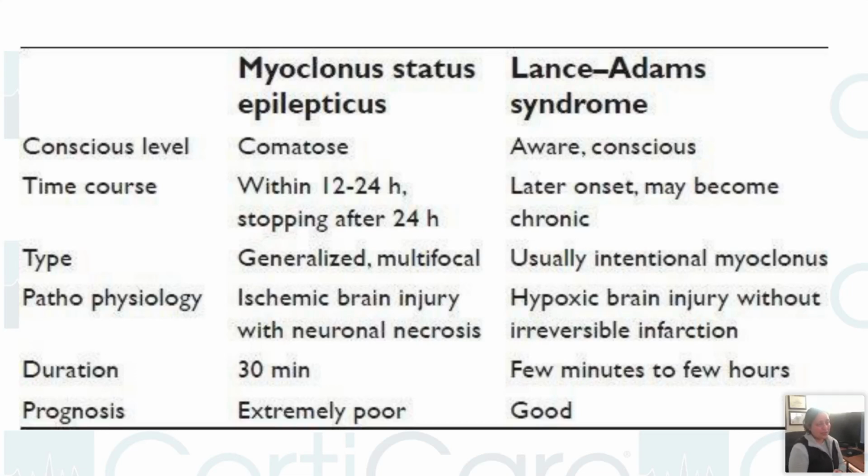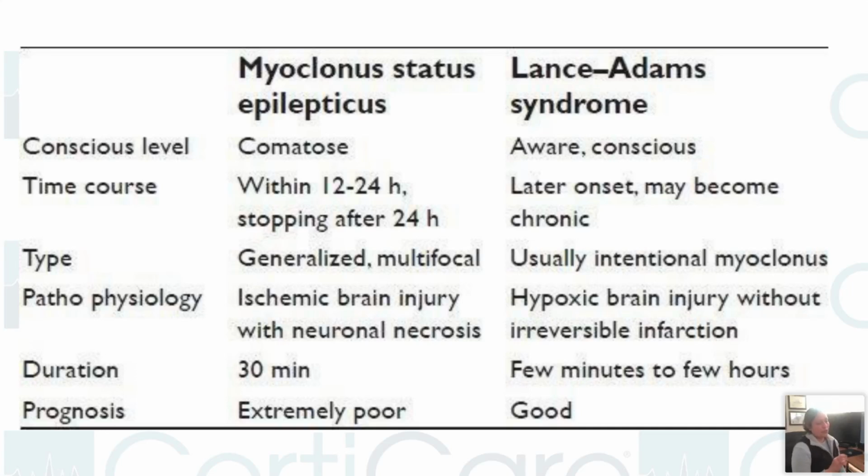In Lance-Adams, it appears late and it becomes chronic. That means the recovered patient will be living with myoclonus jerks throughout their life. In status epilepticus, the jerks are generalized and multifocal. In Lance-Adams, they are kind of localized, and the myoclonus activity appears to be intentional.